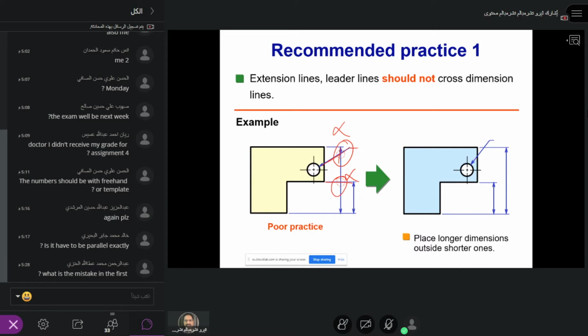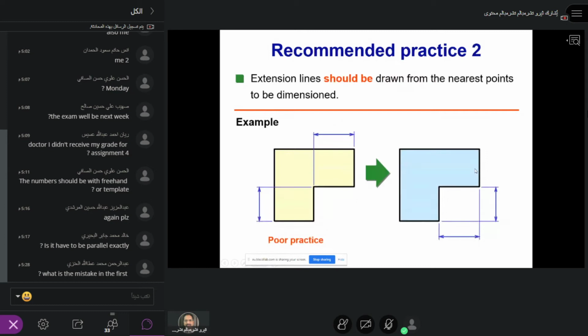Of course, this leader line can cut the extension line, not the dimension line. Even better is to take it here without cutting this. That will be much better. Or sometimes you can take it this way also. Better not to cut the dimension lines.